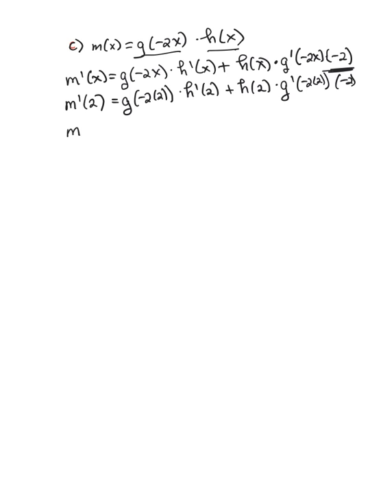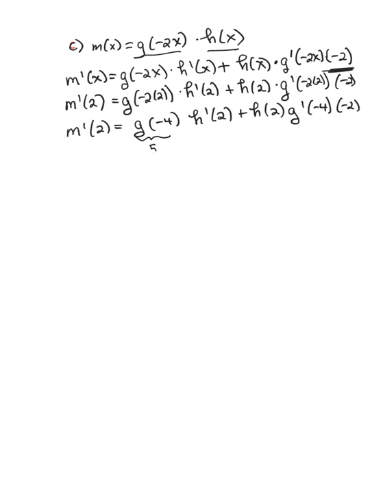So I'll write that as g of -4 times the derivative of h at 2 plus h of 2 times the derivative of g at -4 times -2. Now, g at -4, if we look on the chart, this gives us 5, and this gives us -1. And I'll carry down the -2 here.